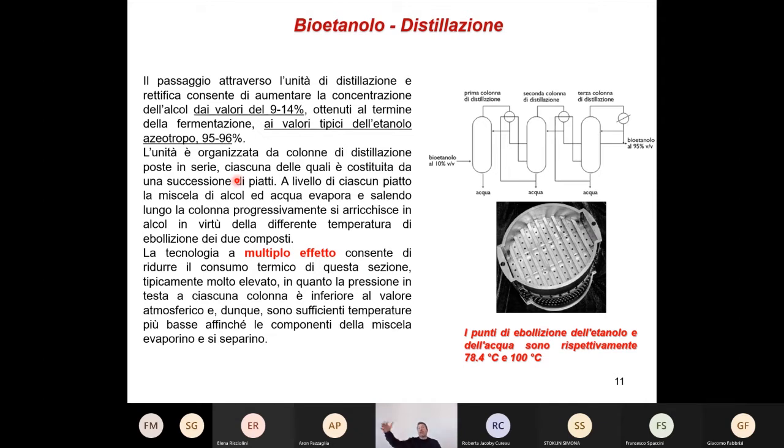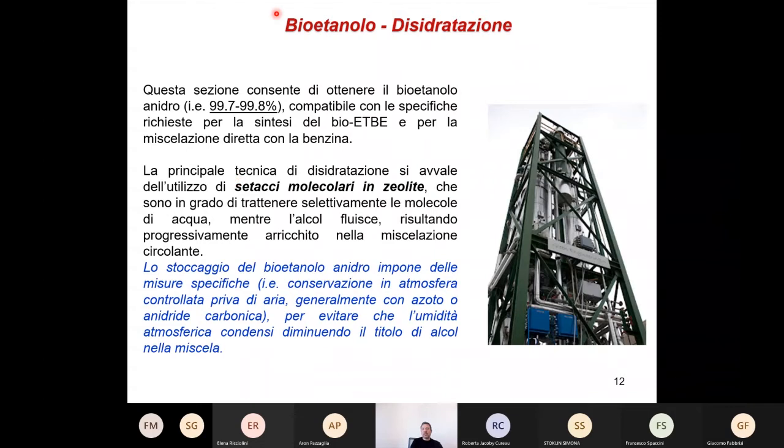So if you want to obtain 99%, 99.5%, you have to use other processes, for example, dehydration, which is another process of separation to concentrate the bioethanol to this level, and so in this way it's useful for our engines in our cars.